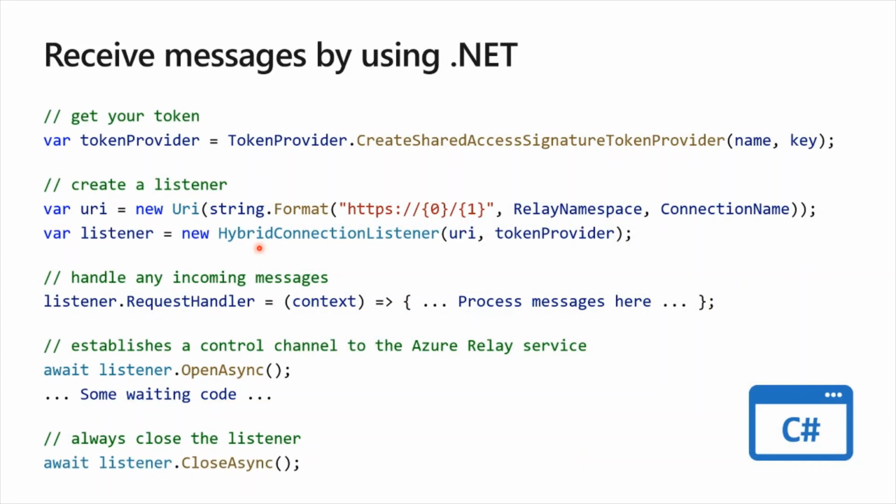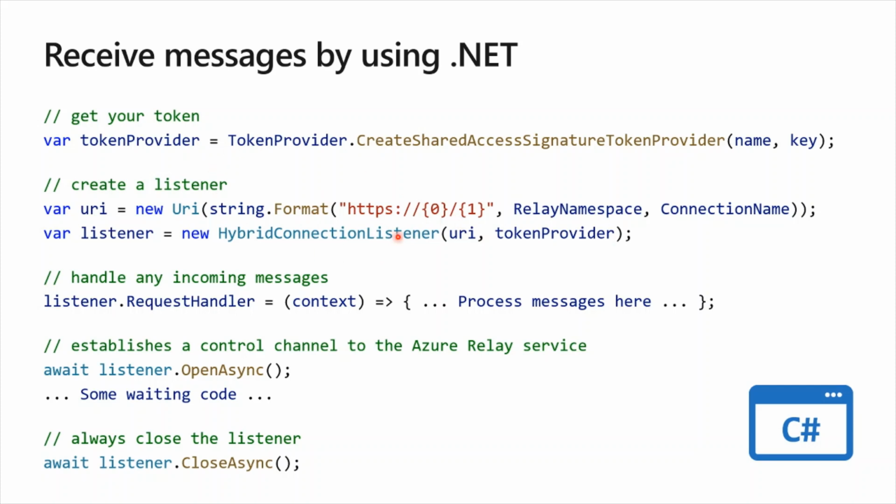So to receive messages using .NET, you need to get your shared access SAS token with the name and key. Then you create a listener to an endpoint with the relay namespace and connection name.